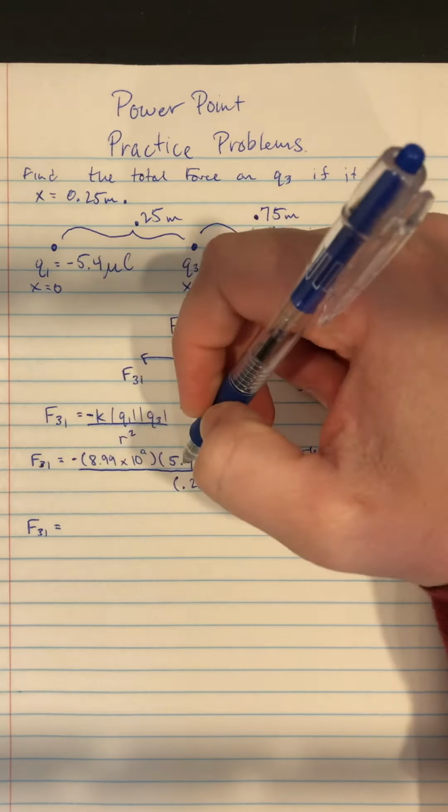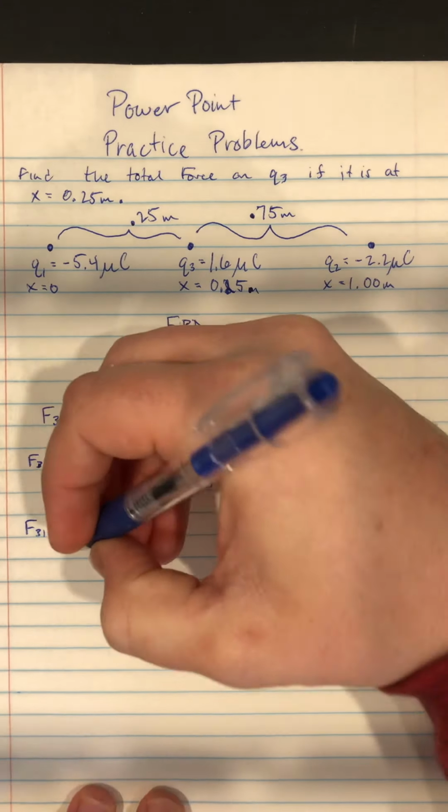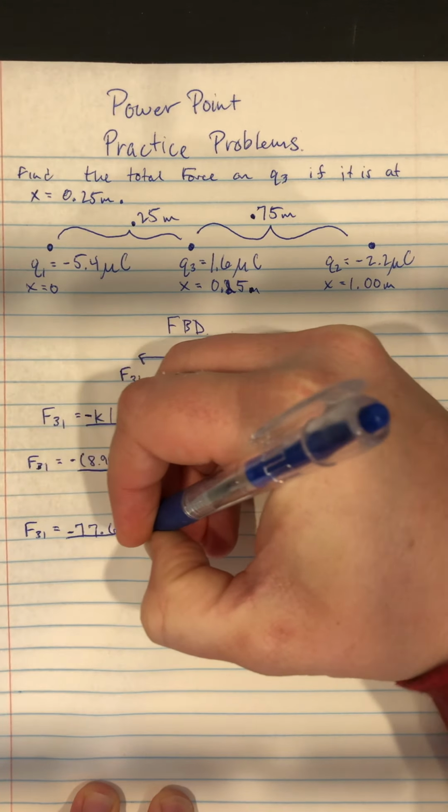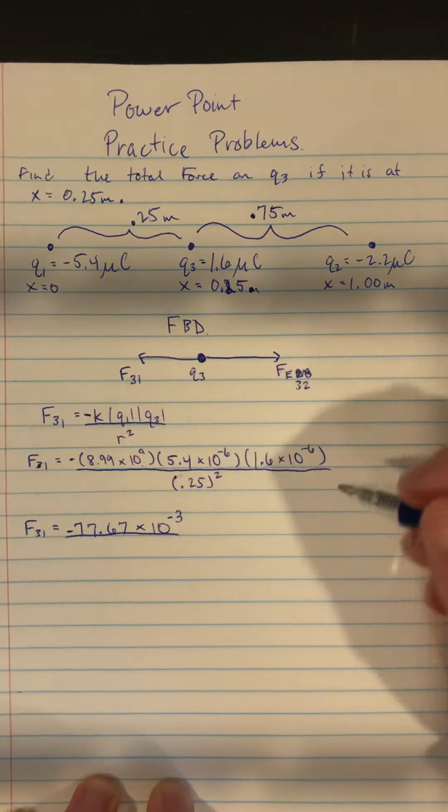And then the tens, when we multiply numbers that all have the same base, 10, 10, and 10, we add the exponents. So 9 plus negative 6 plus negative 6 gives us negative 3. Divided by 0.25 squared, which gives us 0.0625.